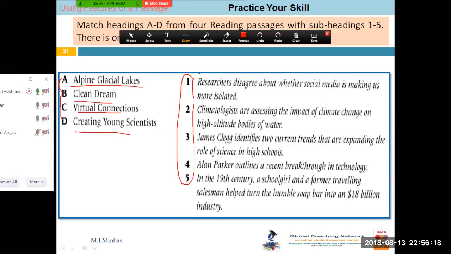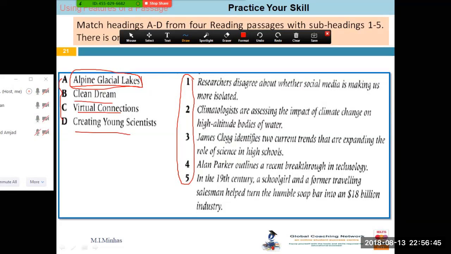What we have to do is match these headings with the related subheading. Shakil, I guess you have done this exercise in my free lesson in Ramadan, right? So now you will keep quiet. You will be the last one to answer.